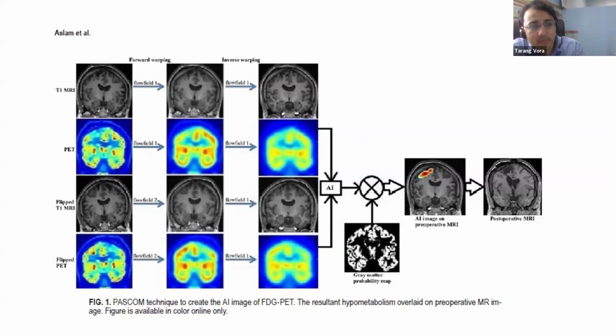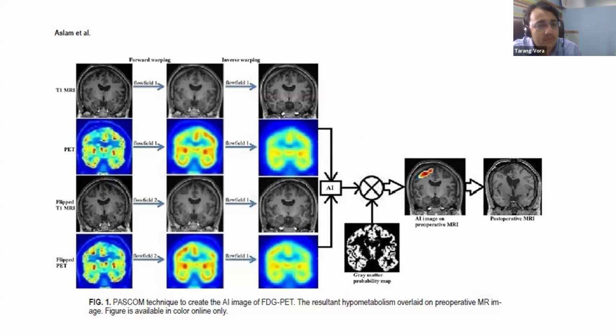The T1-weighted MRI is acquired, fused and overlaid with the PET image, and then they flip over the PET image. When they flip the image, the left becomes the right and the right becomes the left, and the flipped images are overlaid on each other.